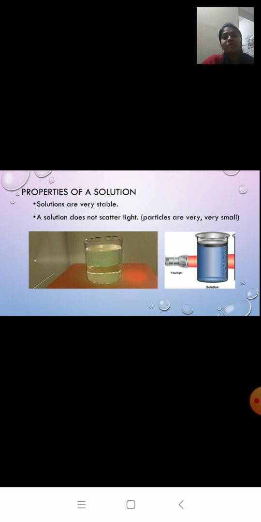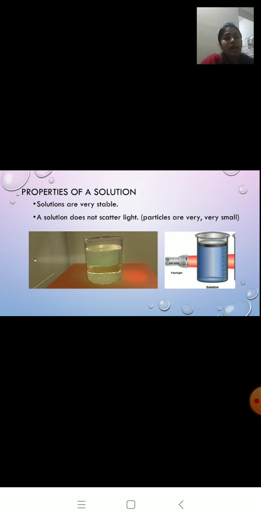Why? Because the particles are very, very small. They are so small that they cannot reflect the light falling on them. Because of that, the path is not seen in the solution. So I can say that solutions do not scatter light, or we can say that solution does not show Tyndall effect.